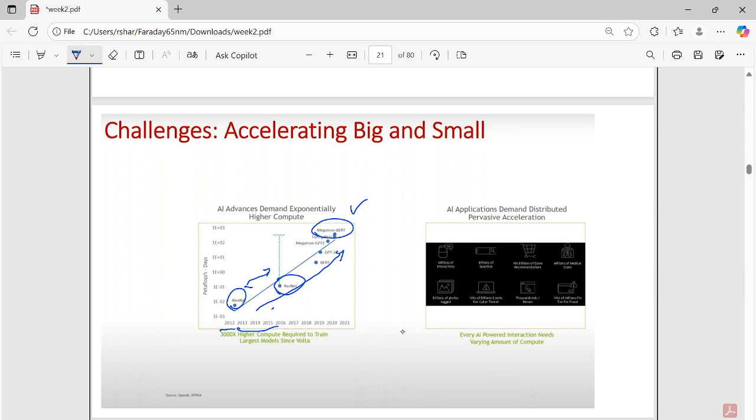The second problem is the other side of the AI world. The number of sensors is also increasing, so the amount of data being pumped in by the sensors is huge. All the data needs to be analyzed by the network, the ML model.